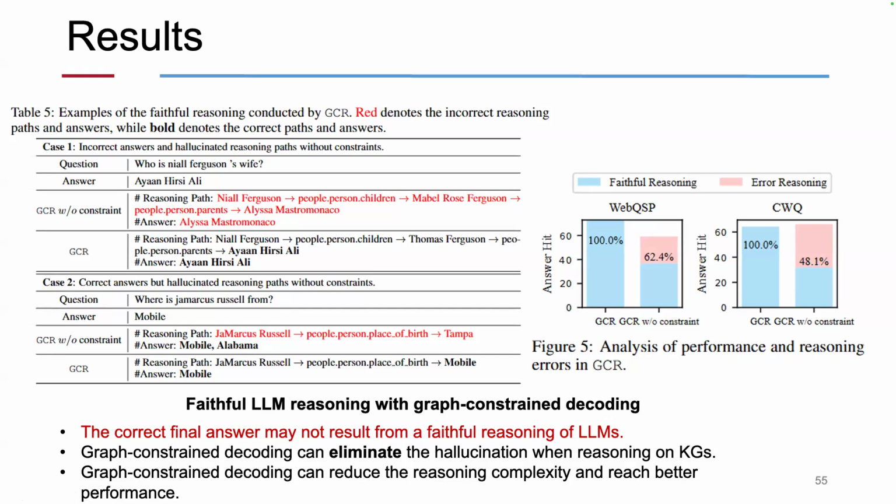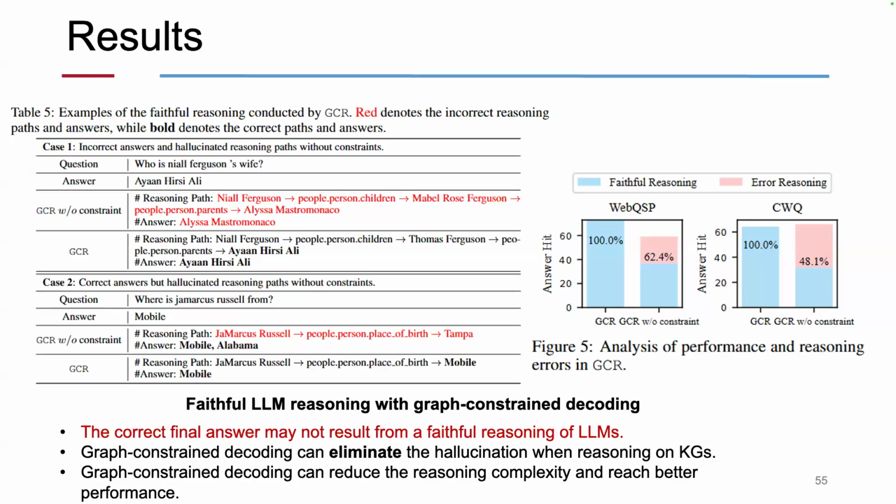An interesting finding is here in the CWQ dataset. Sometimes when we remove the constraint, even though the performance is slightly higher, we also observe 50% hallucination. So that shows that sometimes the LLM can generate the answer correctly, but the reasoning process is totally incorrect.